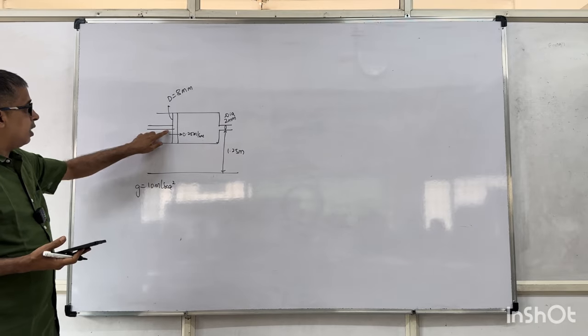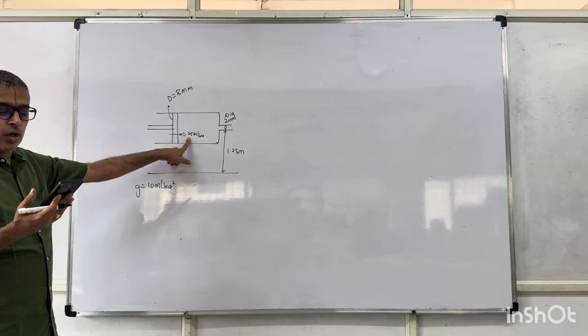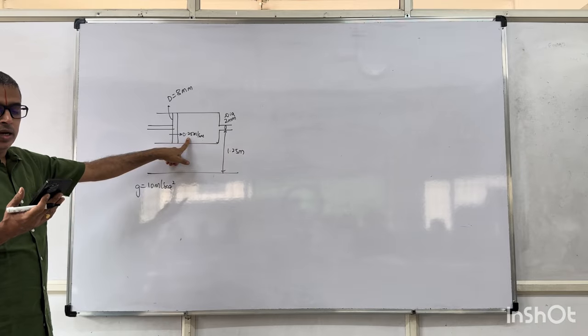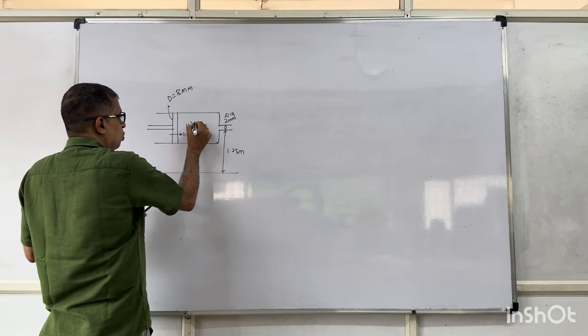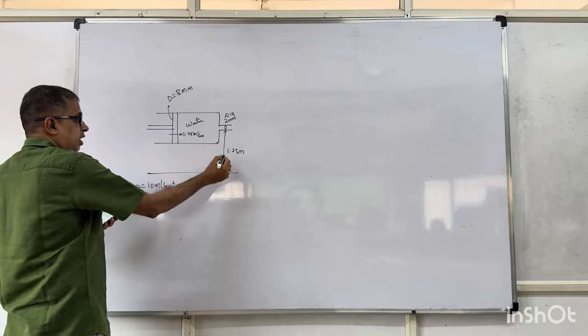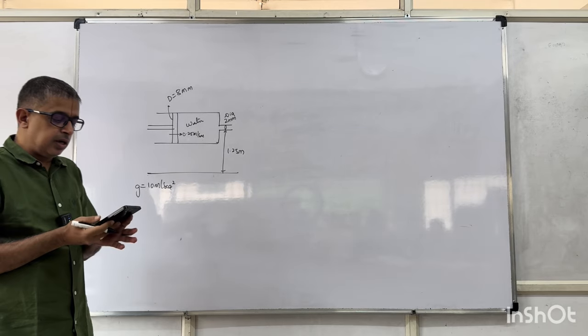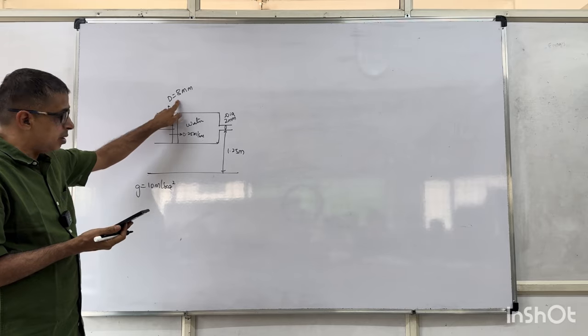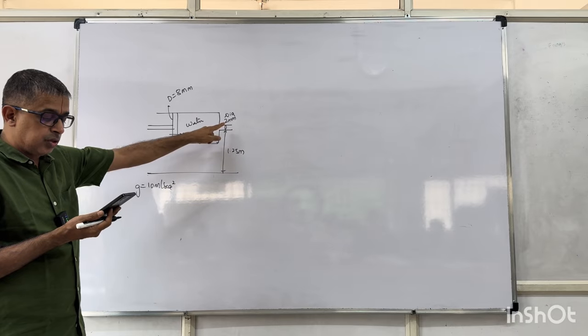Listen, here the piston is being moved. Consider a horizontally oriented syringe containing water located at a height of 1.25 meters as shown in the figure. Diameter of the plunger is 8 millimeters. Diameter of the nozzle is 2 millimeters.